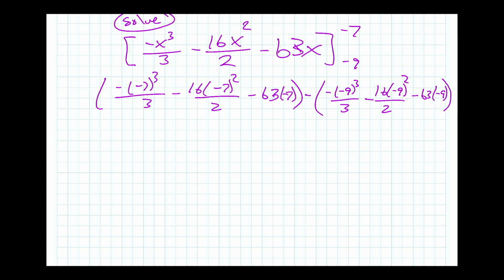So I think this works out to 343 over 3 minus 7 squared is 49. 49 times 16 is 784 over 2. And then here we got minus 63 times minus 7, which is positive 441.